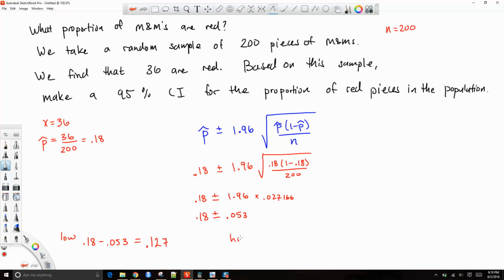And then on the high end, we have 0.18 plus 0.053, which is 0.233.